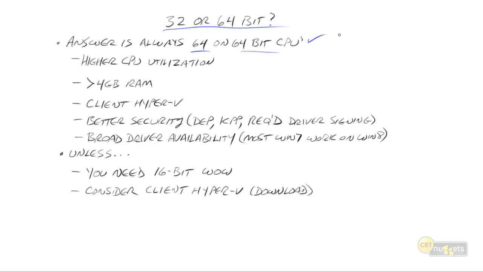One of the things you're going to be able to get is a higher CPU utilization, or rather, a higher CPU availability, because it's basically kind of like a 32-lane highway as opposed to a 64-lane highway to the CPU. Now, for many things you will not notice any improvement in performance. If I'm just typing a letter in Microsoft Word, I doubt I'll see any difference between 32-bit and 64-bit.